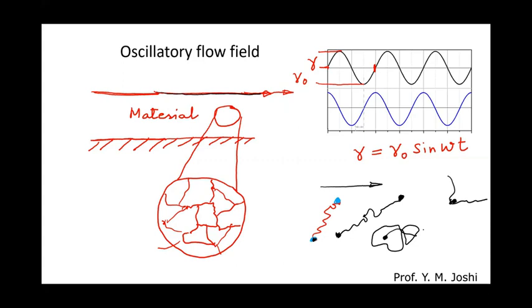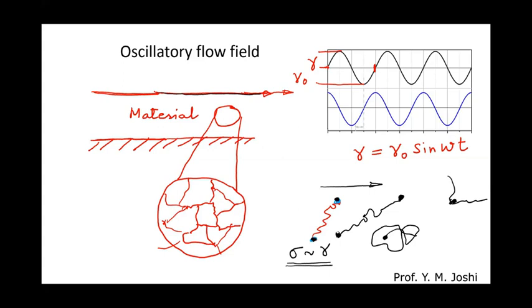Now we know that if this particular polymer strand follows a spring-like behavior, as we have been seeing with the spring and dashpot, then the spring will behave such that stress is proportional to strain. When the deformation or strain induced in the material is not significantly large, so that the deformation induced in this chain is not much, we can very comfortably assume that stress is proportional to strain, which means there is a linear relationship between them.